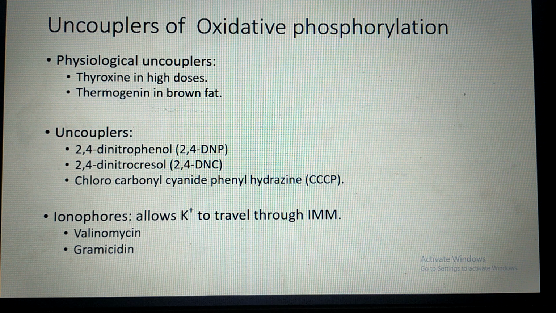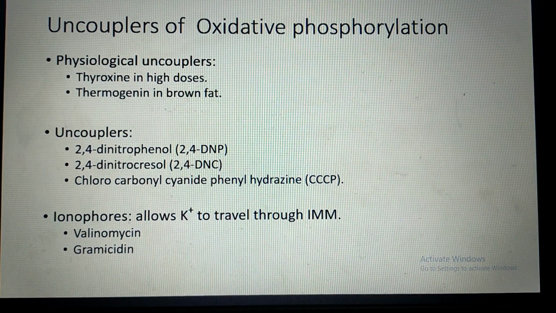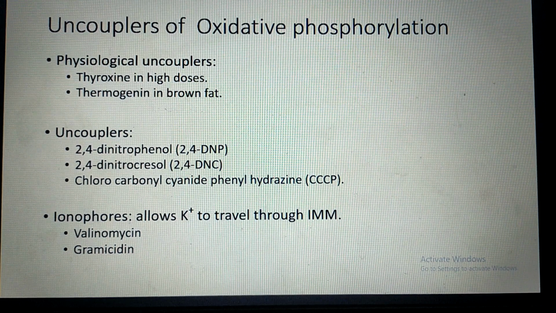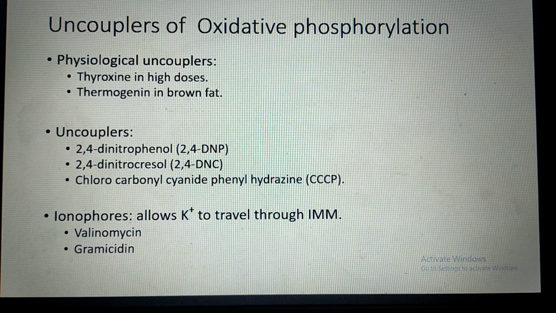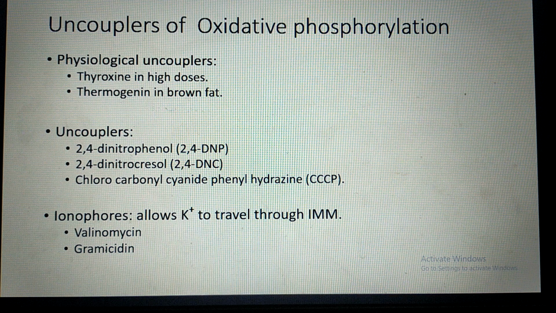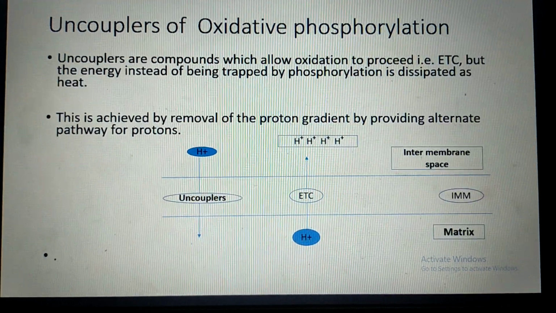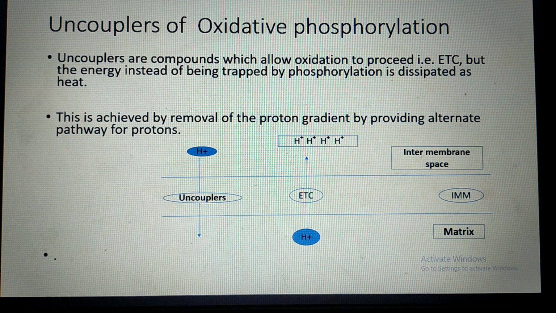Along with uncouplers, some ionophores also act in this way, as they dissipate the proton gradient by allowing potassium ions to travel through the inner mitochondrial membrane. For example, see here again the proton gradient is there across the inner mitochondrial membrane.